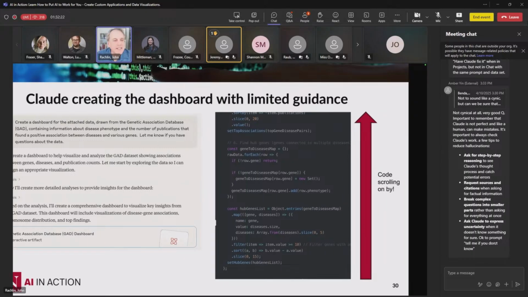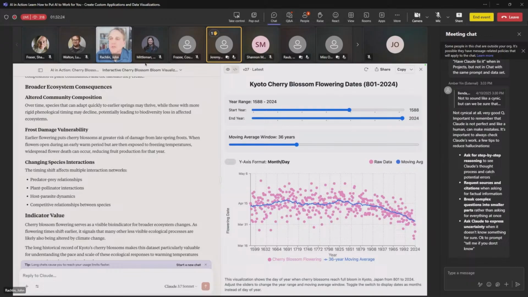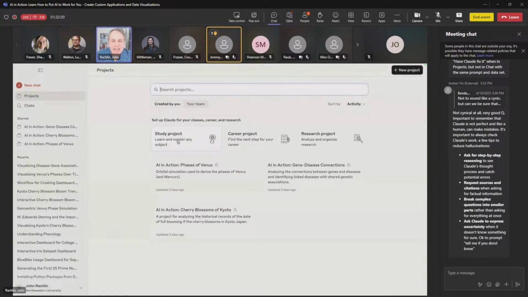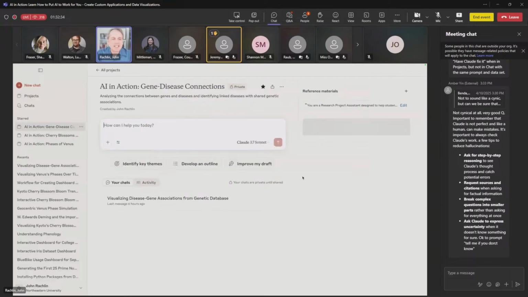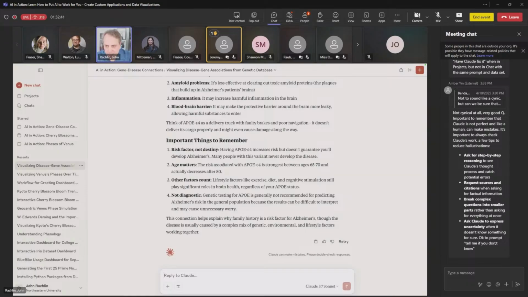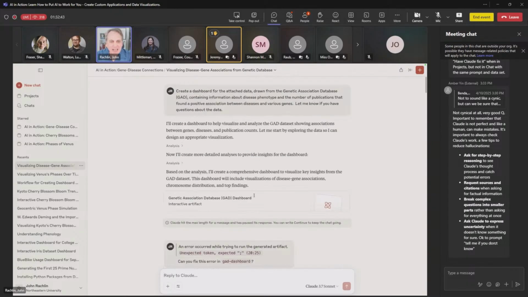And here it is. We'll close this last example and go back to our project list. And here it is: Gene Disease Connections. Okay, and here's the chat that I saved as part of this project. I'm going to scroll all the way back up to the top.